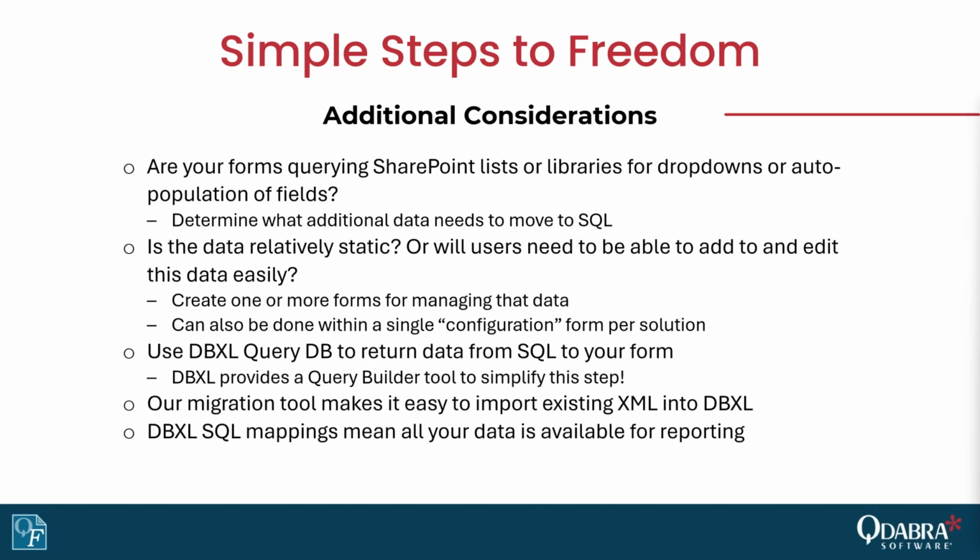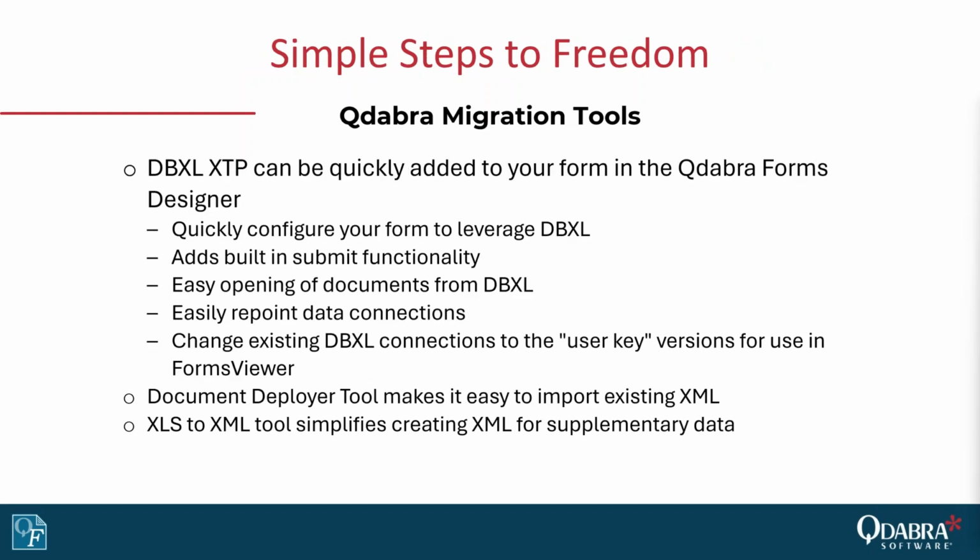And then our tools also offer you the easy convenience of mapping data from your XML into SQL. Now it's available to you for reporting and all of those other things that we'd like to be able to do, which is kind of challenging when we've got repeating elements inside of our XML. So just things to consider and think about as you contemplate making this kind of a move.